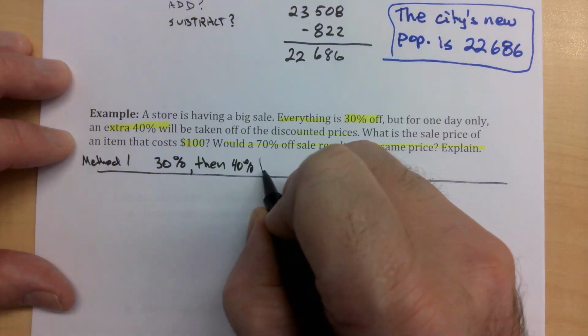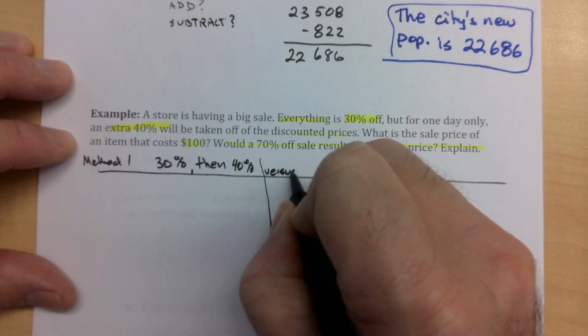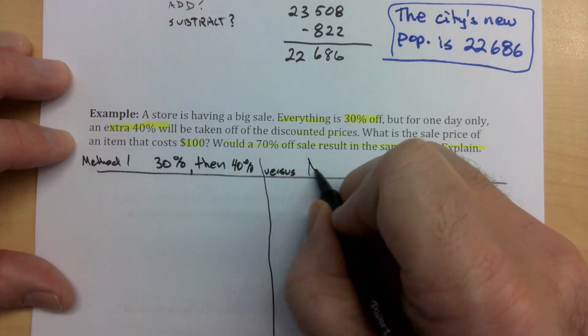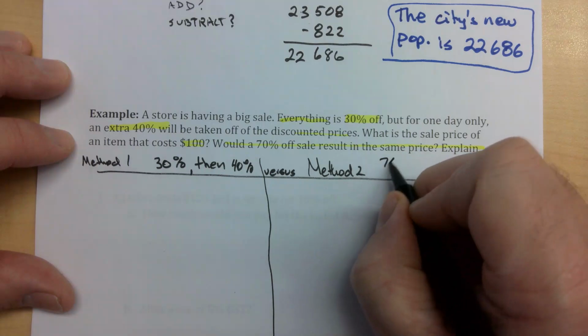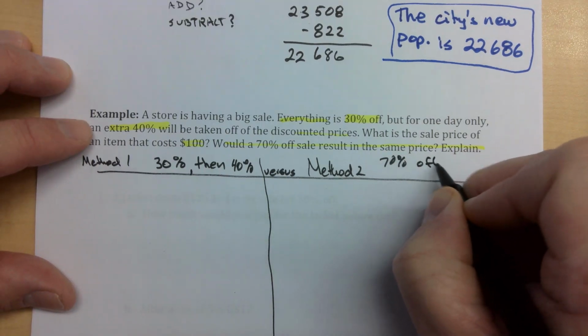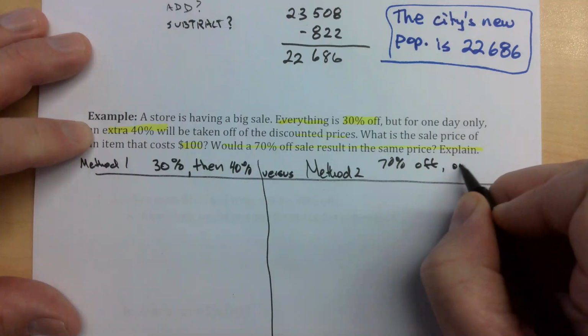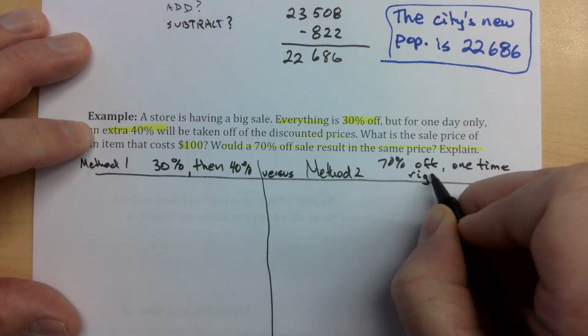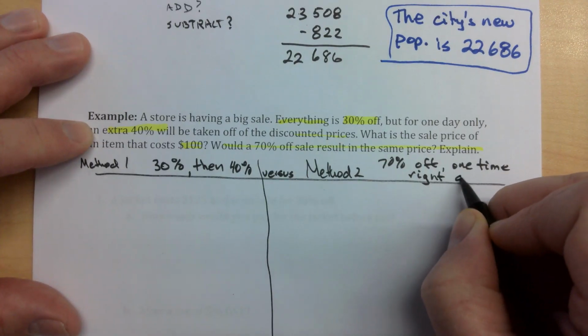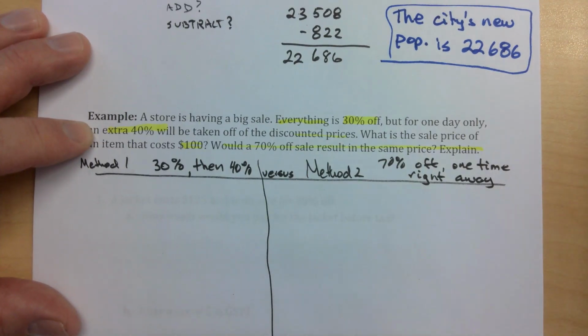Versus method 2: 70% off one time, right away. So rather than break it down into steps, let's see what happens here.